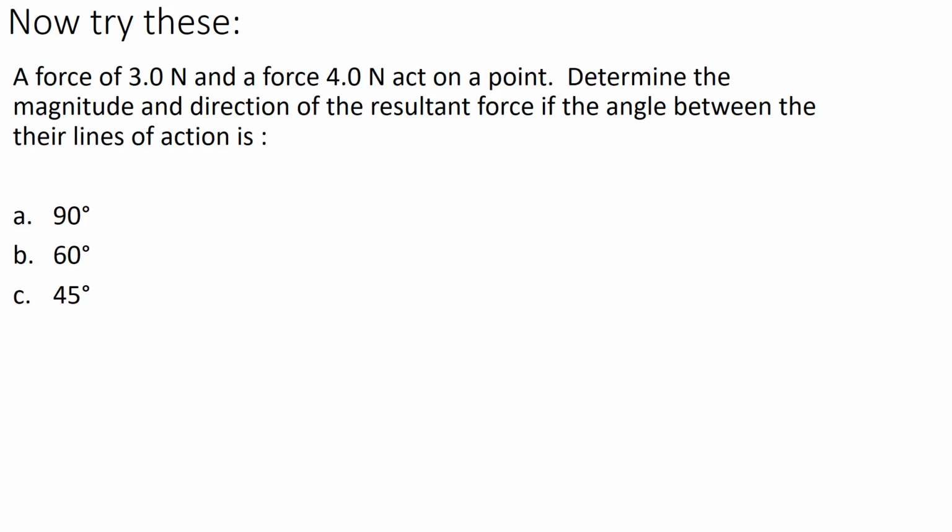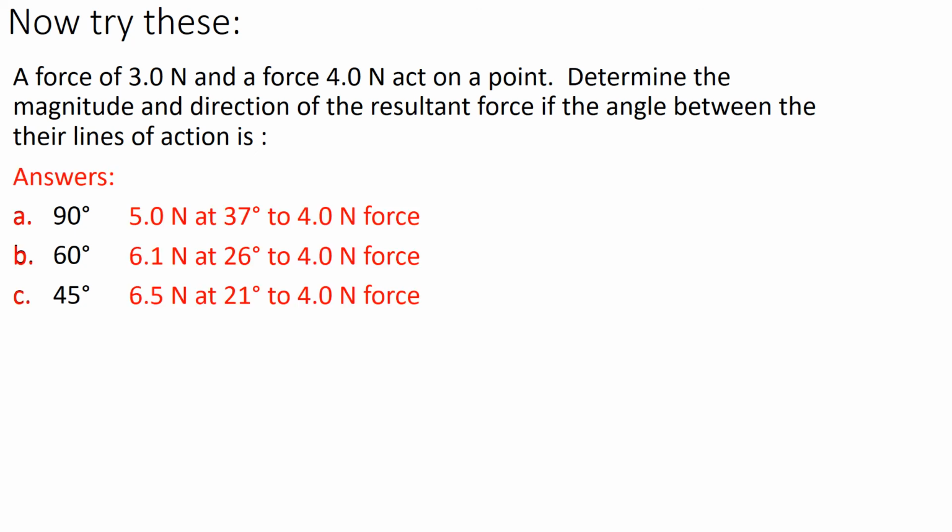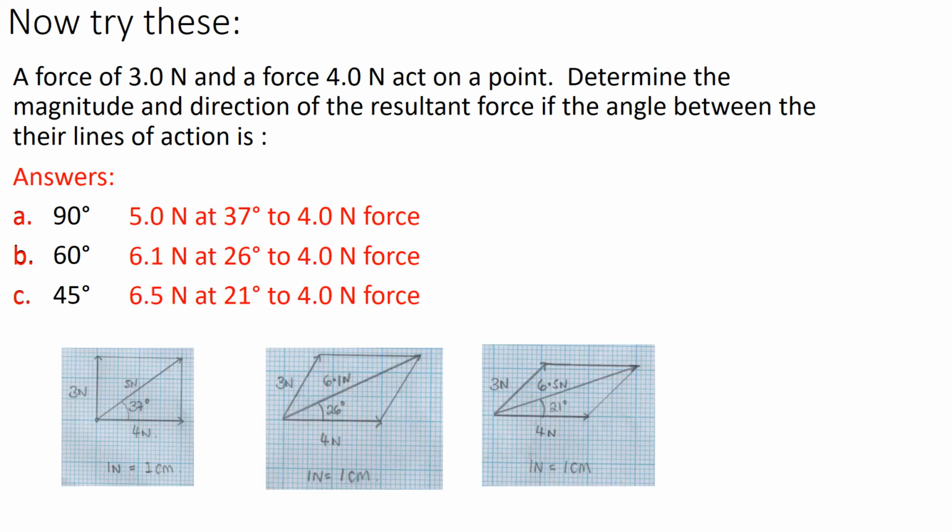So, have a go at doing these. A force of 3 newtons and a force of 4 newtons act on a point. Determine the magnitude and direction of the resultant force if the angle between their lines is 90 degrees, 60 degrees, and 45 degrees. Pause the slide, have a go at these. Here's my answers. You might have drawn them out, but these are the ones that we've done.